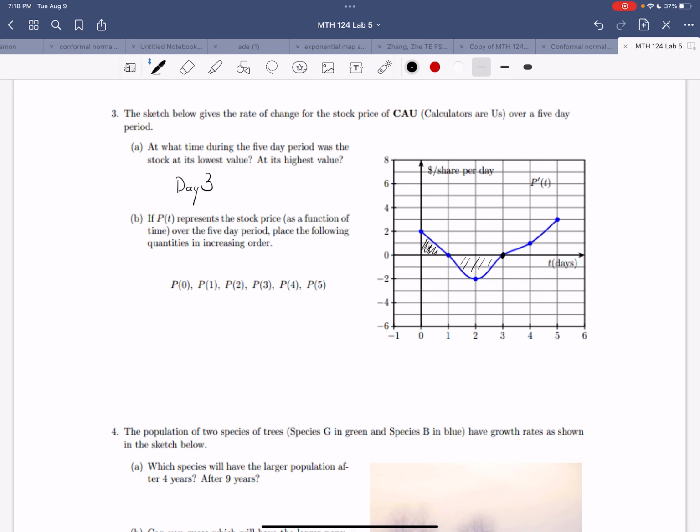And the question asks us to compare these different values of P. So let's take P0 to be itself. P0 equals P0. And let's take this brick here.